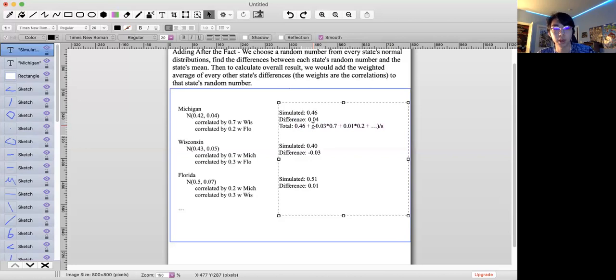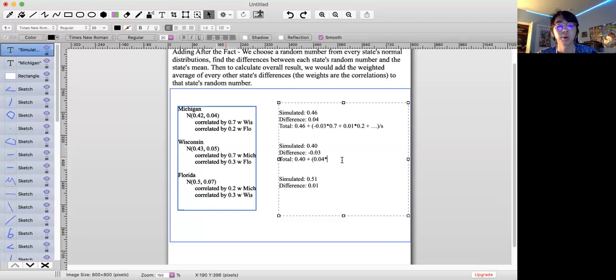Now to find the total overall result for Wisconsin, I do the same thing. I take its simulated result, 0.40, and then add the weighted average, which is going to be Michigan's difference, which is 0.04, multiplied by Wisconsin's correlation to Michigan, which in this case is 0.7.